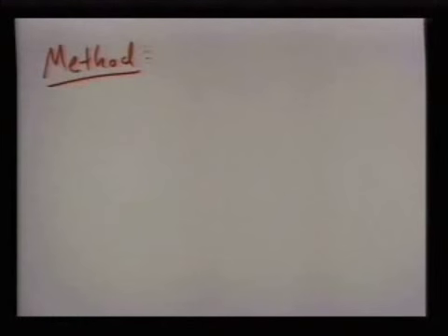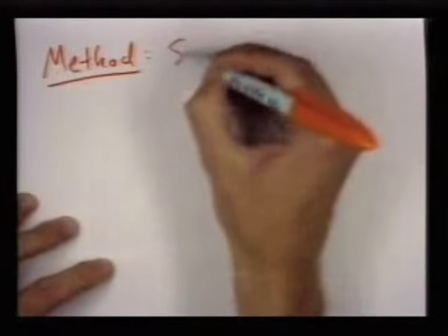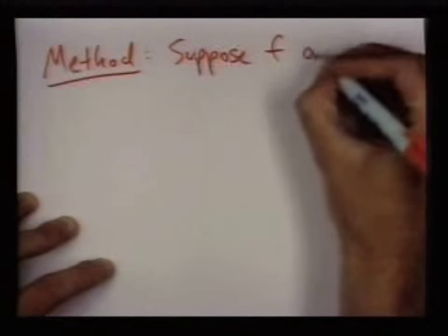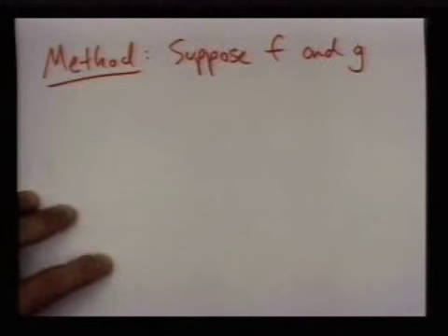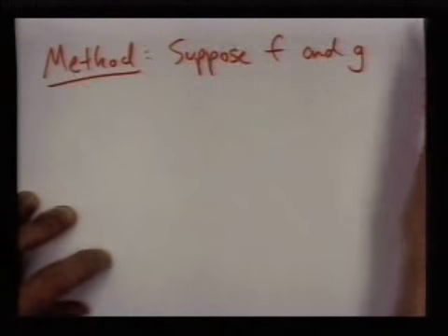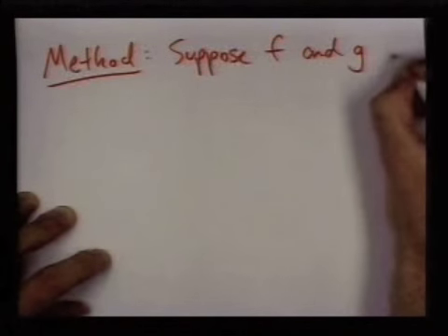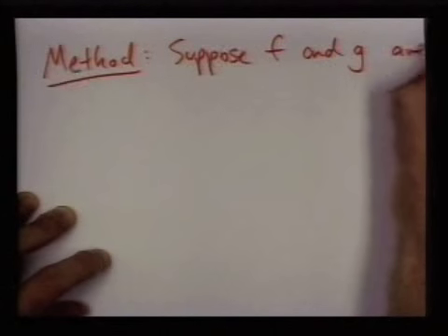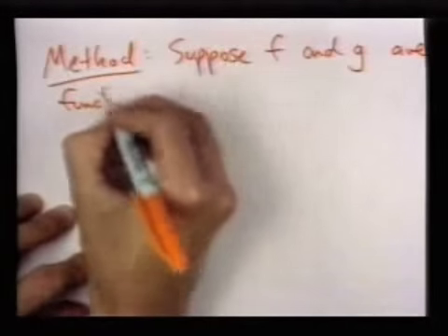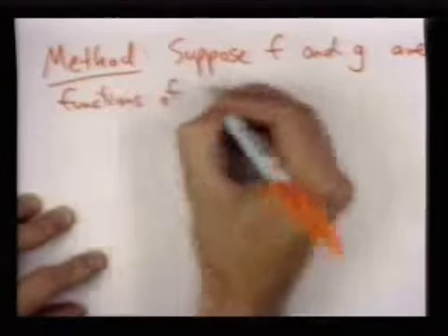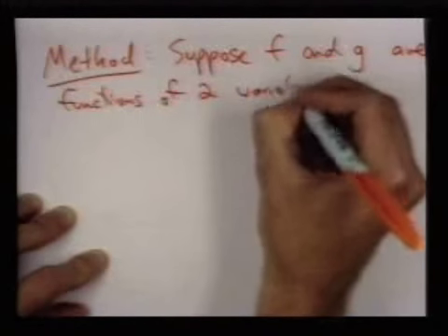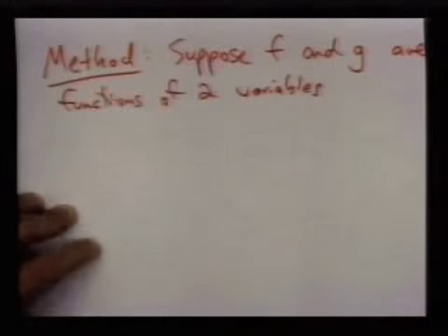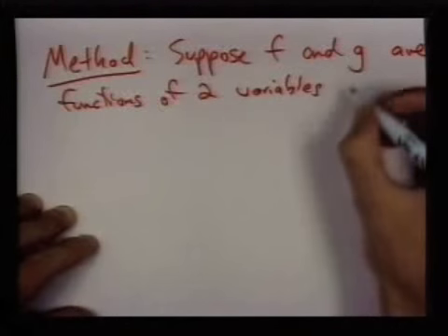So here is the method of Lagrange multipliers. We say, suppose f and g are functions of two variables. And let's suppose that they have continuous first partial derivatives.